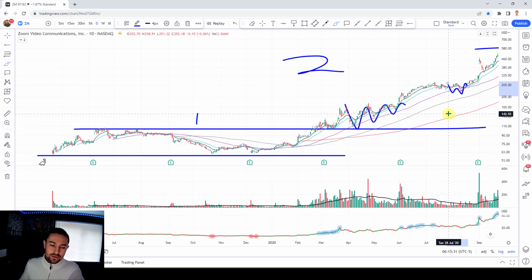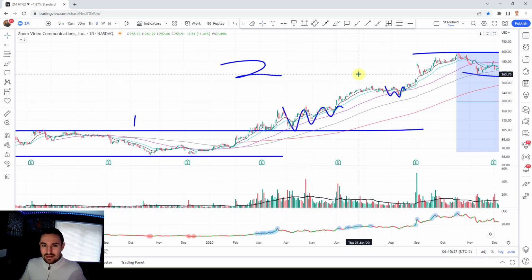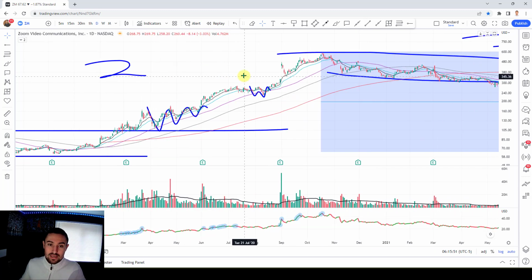So maybe you're using the 21 EMA as a trailing stop, maybe you're using the 50 or whatever it may be. Analyze, okay, how is the stock actually moving for my sell rules, because some stocks will move better than others for your sell rules as well. So what I then try and do is target the stocks that are going to be smoother movers for me in terms of the management.